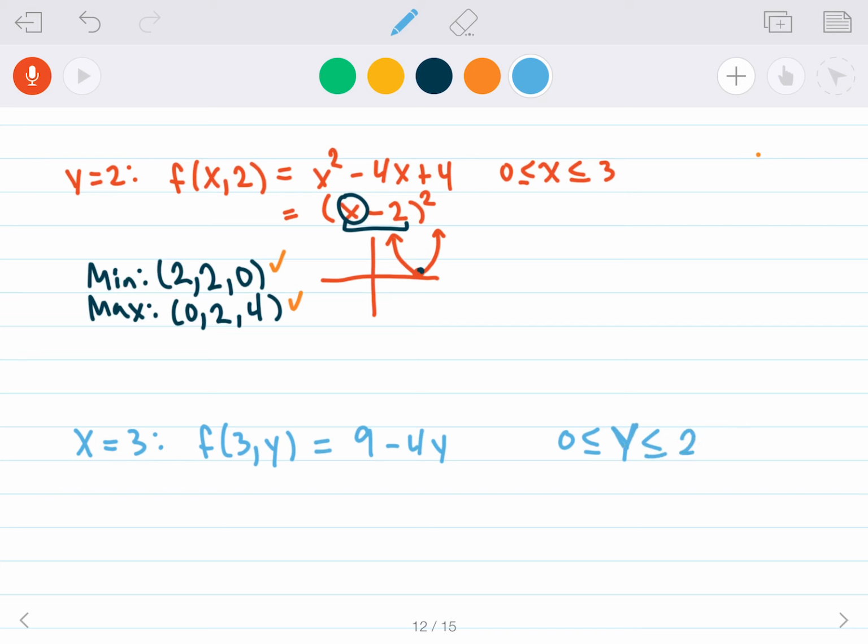So this one is a little bit easier to see the max and the min. The minimum value is going to occur within this interval at y equals 2, and the maximum is going to occur at y equals 0.